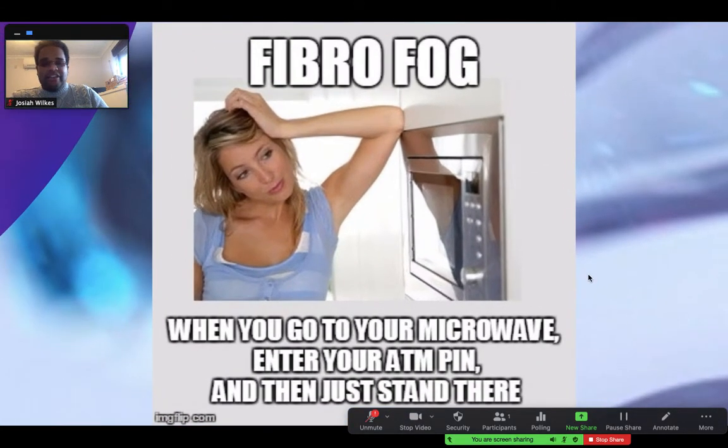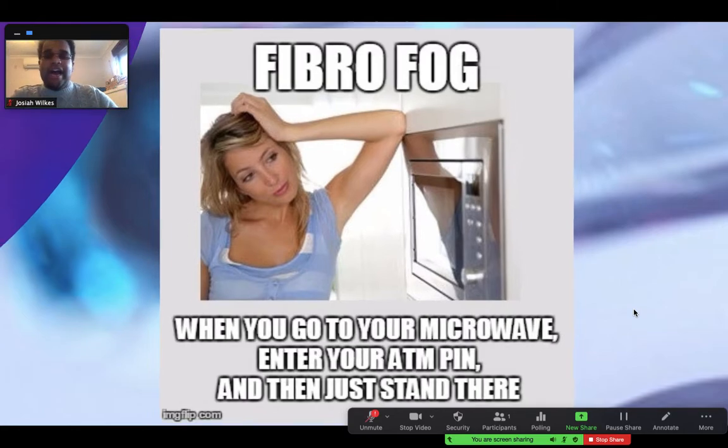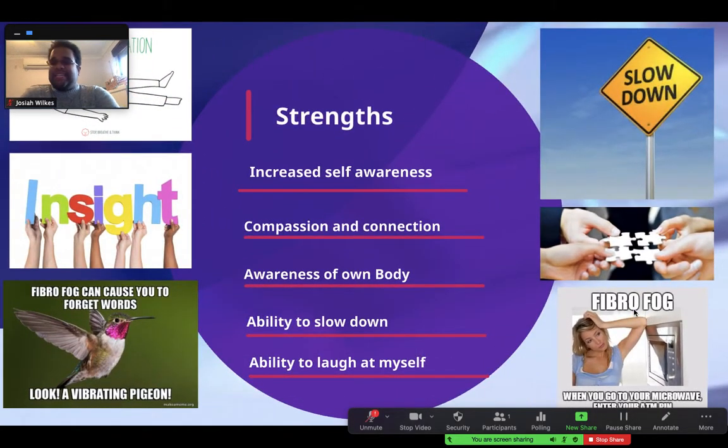Another one is that you just do things that are bizarre that makes me laugh. Fibrofog, when you go to your microwave, enter your ATM pin and then just stand there. I have actually done that. I've actually had a moment of confusion where I've gone to the microwave and put in my PIN number. So I think that sense of humour is something that's a real strength with fibromyalgia.